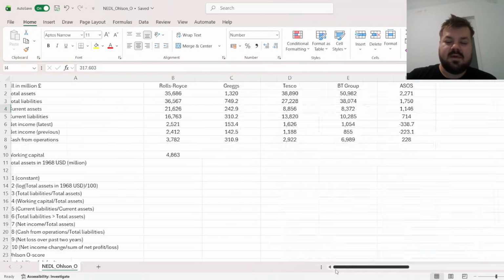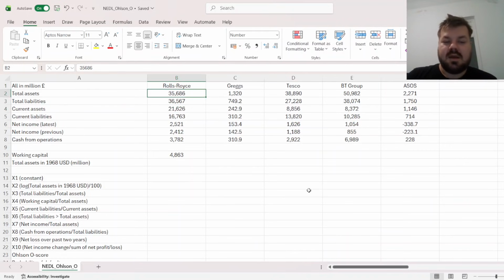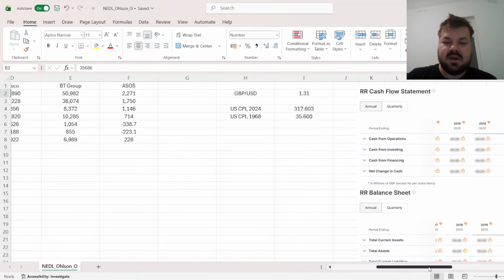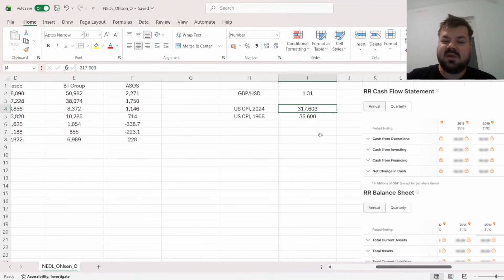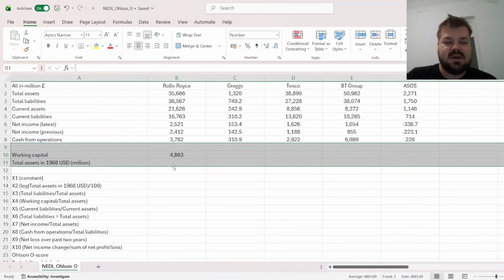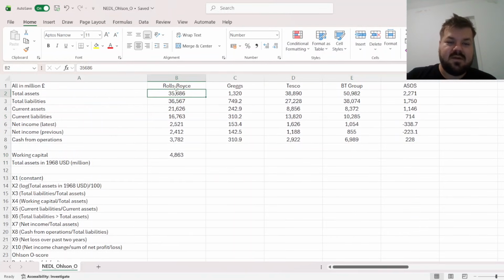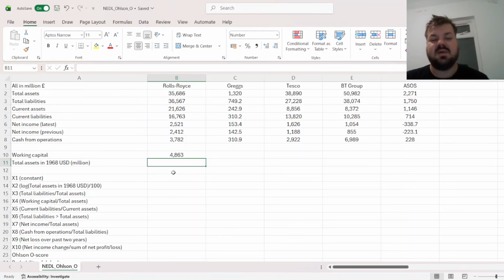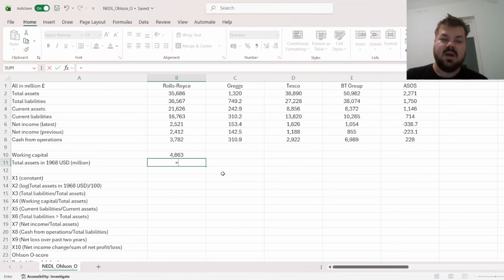For the time of total assets being reported, that's year-end 2024, and as of year-end 2024, that's the value of US CPI, and 1968 US CPI is here. So we can see that the value of the dollar has reduced by a factor of almost 10 over the 56 years that passed since 1968. So to convert total assets here, 35 billion pounds to 1968 dollars, we need to do the following adjustment.